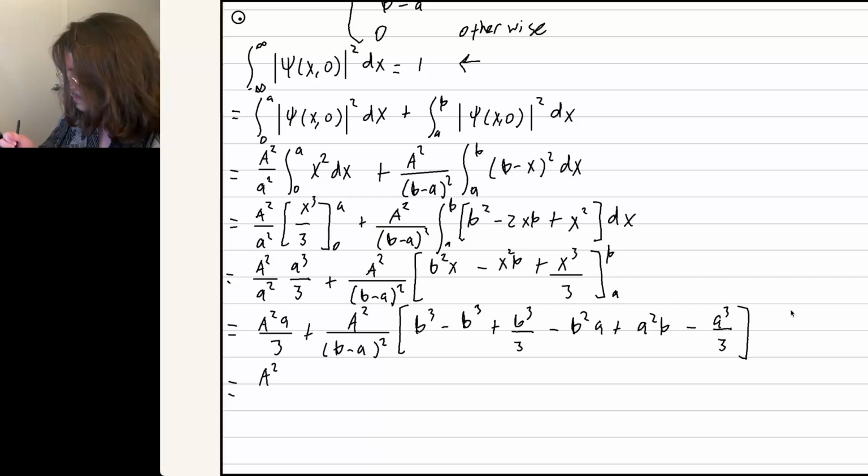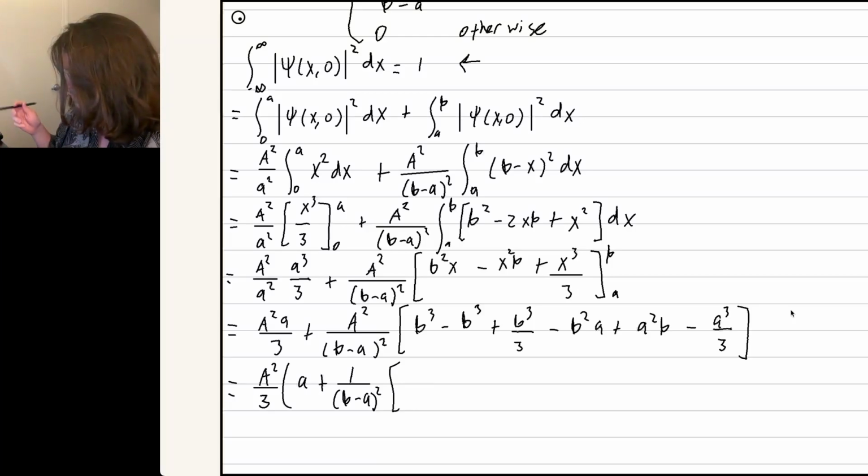Let's factor out a 3 from the second term, so we can have A squared over 3 out here, and then 1 over (b minus a) squared, where the b cubed terms will cancel out.